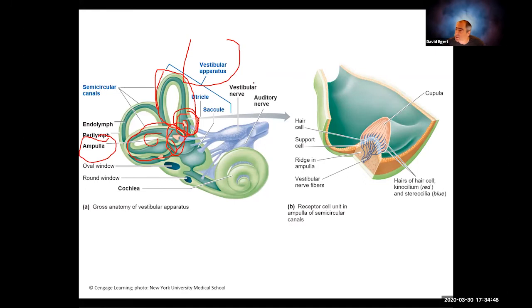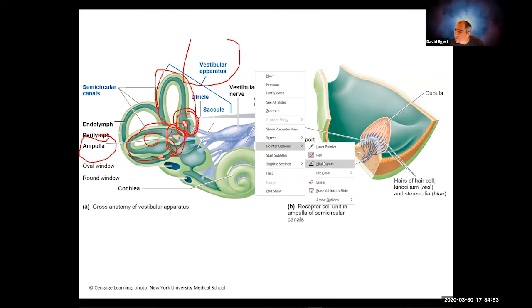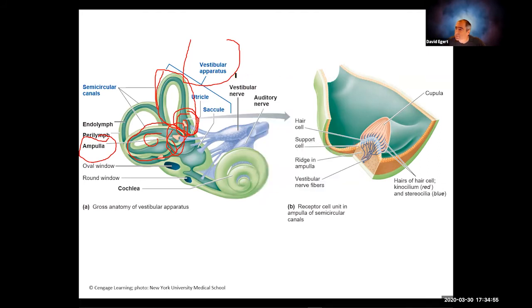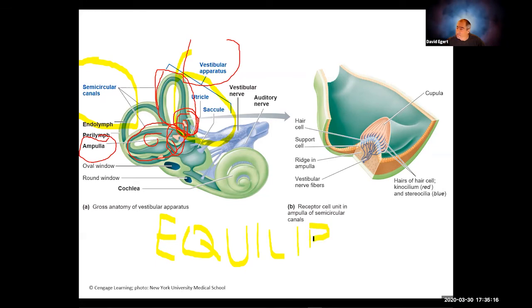Officially, vestibular is utricle and saccule, but in reality, when people talk about the vestibular senses, they usually mean both the semicircular canals and the utricle and the saccule. Those are your senses of equilibrium. And sometimes people use vestibular senses and equilibrium senses as kind of synonymous.